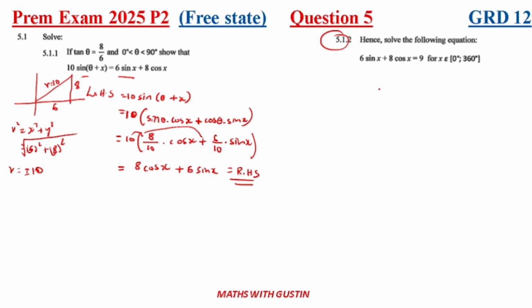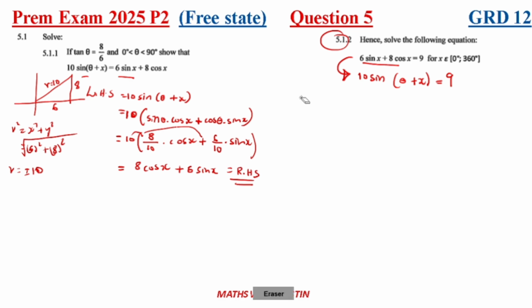Because they had already said that 10 sine of theta plus x is equal to 9, because this side we know is already equal to this side, the only thing we need to do here is find out what theta is. So we can go into our calculator and find theta.